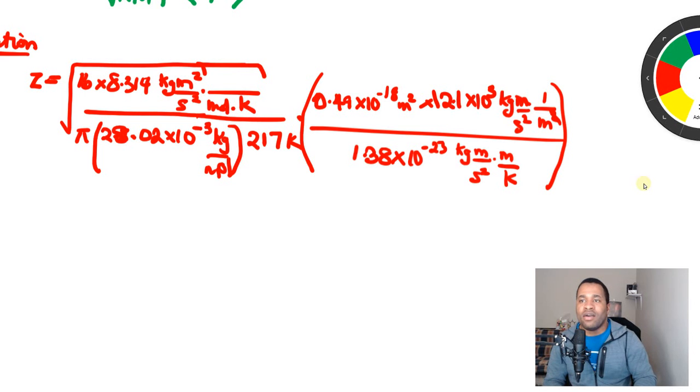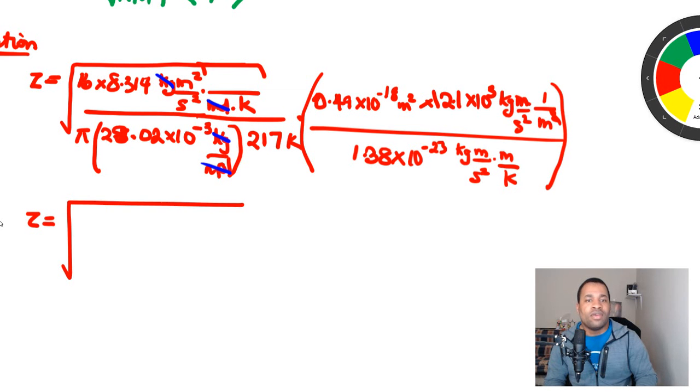We have our kilograms cancelling kilograms, we have our specific mole cancelling out our mole, and what we have next is we're now expressing our square root region. We have our z to be equal to the square root of our numbers.